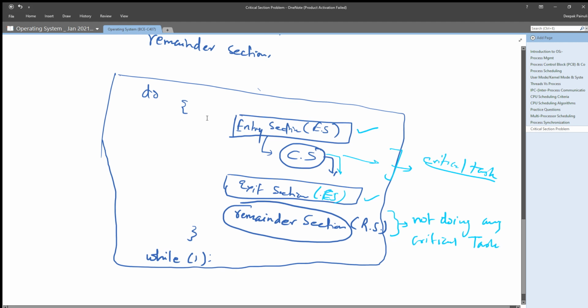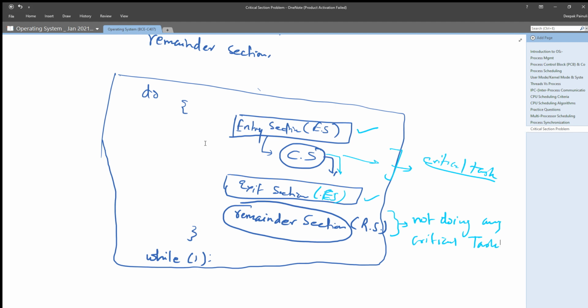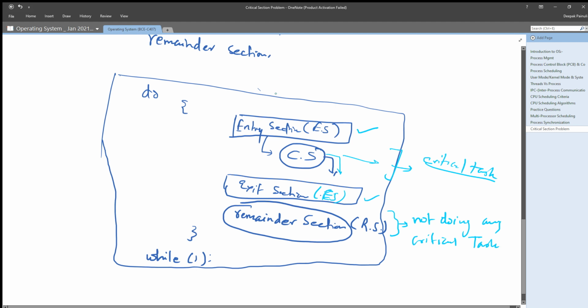And why are we understanding it? Because we are going to discuss the critical section problem, right? Before going to the critical section problem, we must ensure mutual exclusiveness in the execution of the critical section. That's why we divided the typical structure of a process into the following four segments: the entry section, followed by the critical section, followed by the exit section, followed by the remainder section.